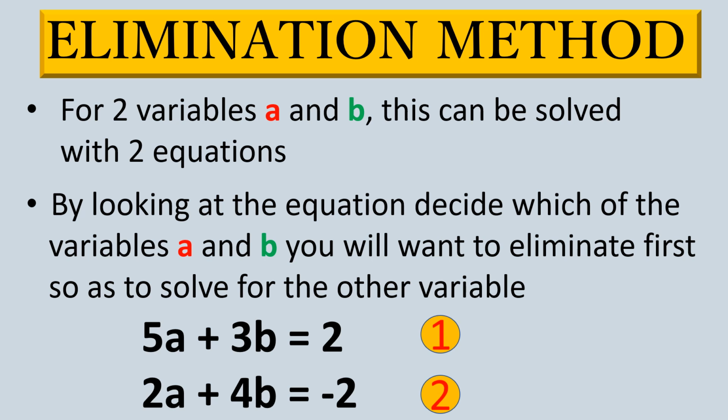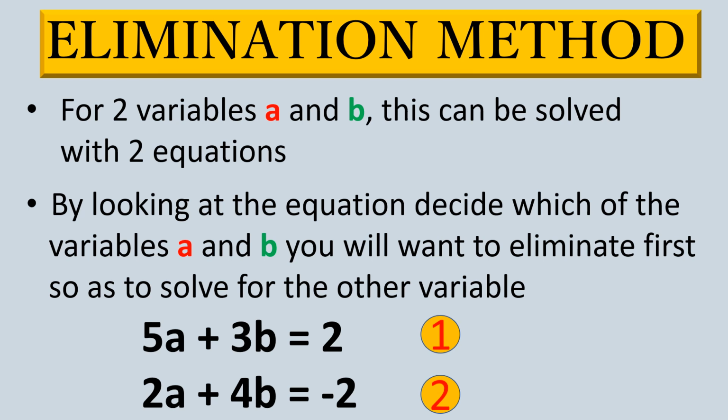So by observation, we can decide which one of the variables we want to eliminate. Assuming we want to eliminate the variable a, what we'll simply do is to look at equation 1 and then look at equation 2.